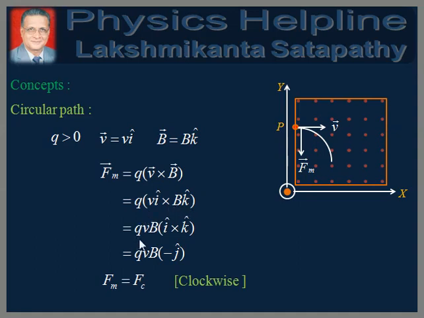Now, the magnitudes outside, which is equal to QvB into i cap cross k cap. Now, we know that i cap cross k cap is equal to minus j cap. Therefore, the magnetic Lorentz force will act in the negative y direction, which is this direction. Therefore, we have drawn Fm, the arrow that represents the magnetic Lorentz force, pointing downwards.